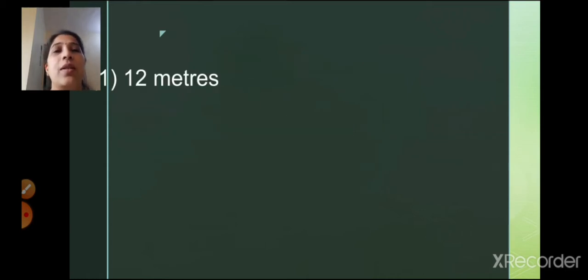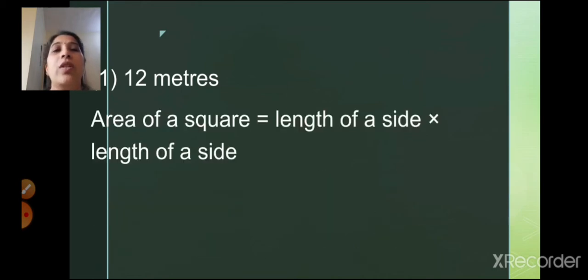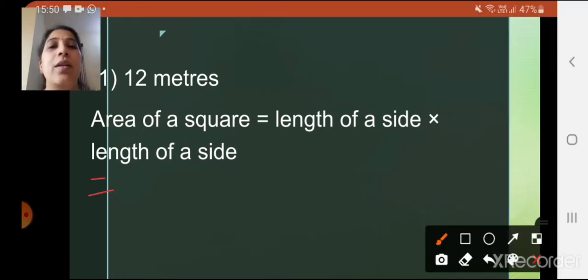12 meters, right? So this is the length of a side of a square. So now we will find out the area of the square. So what is the formula for area of the square? Area of the square is equal to length of a side into length of a side, right? So we will write the length of the side. It is 12. So 12 into 12 is equal to how much?